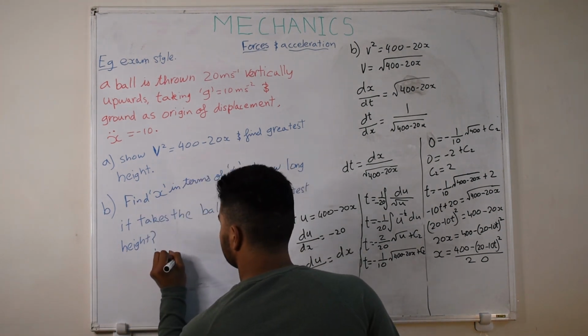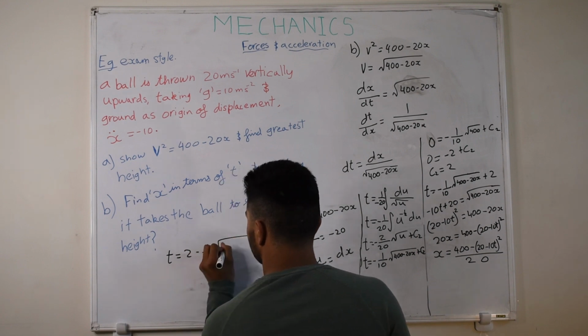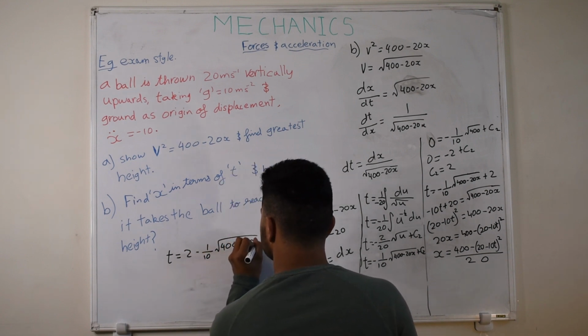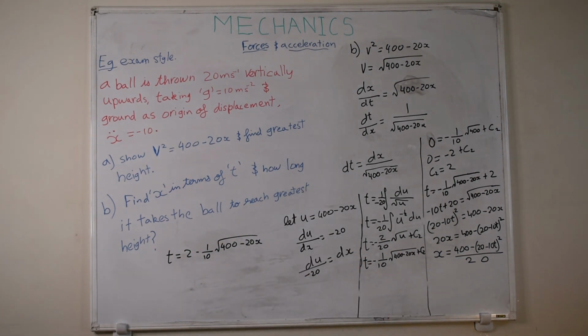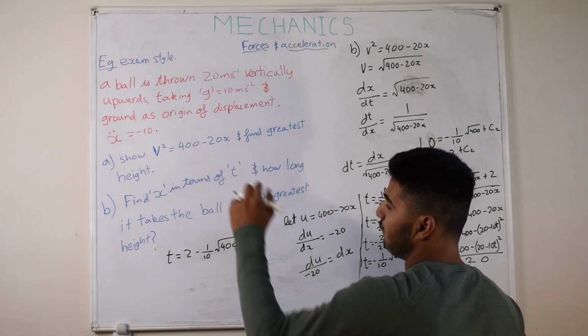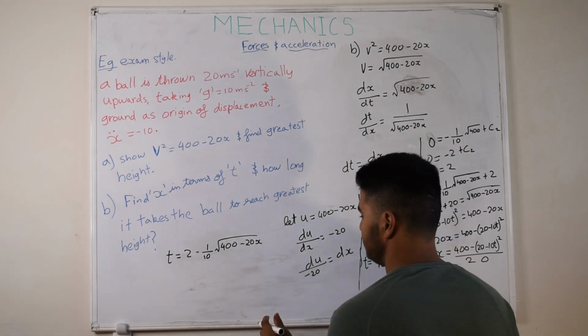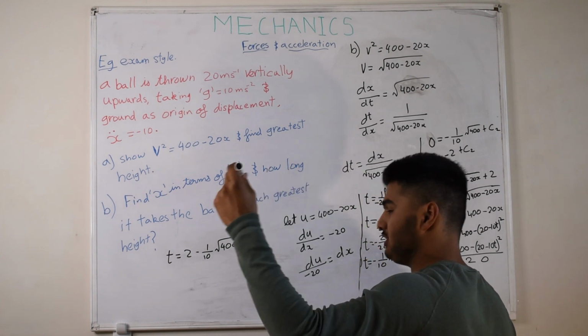So t equals 2 minus 1 upon 10 square root of 400 minus 20x, correct? Since that's the case, the velocity is going to be 0 for the ball at x equals 20, so that's the turning point, that's the max height it reaches.